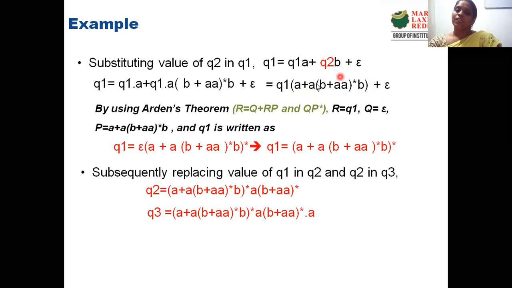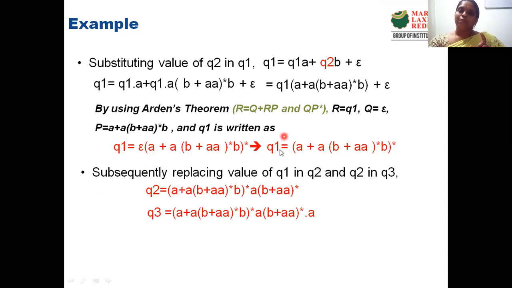So therefore q1 can be written as QP star, that is epsilon into this whole expression star. So epsilon into R star will give R star again from the identity.